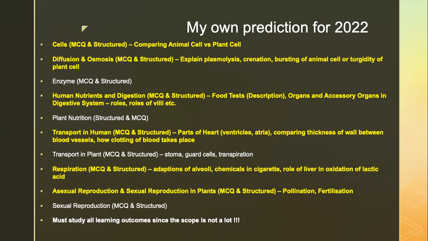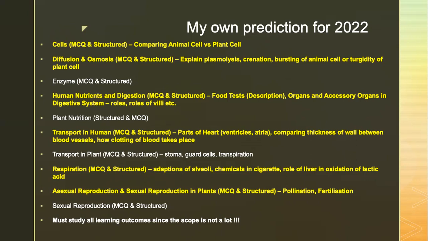For example, there was a question in the 2021 paper about how the percentage of smoking increases over the year, something like that. I think it's a graphical presentation of the percentage of smokers in Singapore.